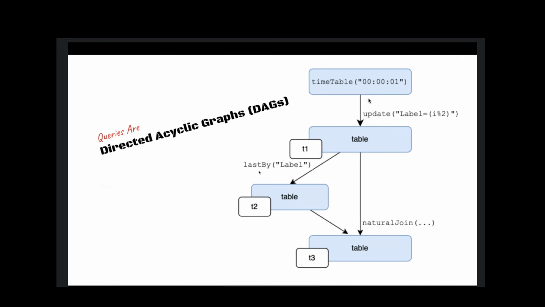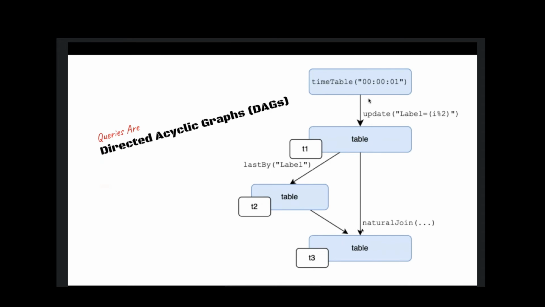Then let's say you use last by to get the row with the last label column. That will create a new table T2. Then if you want, you can join tables T1 and T2 to create table T3. And this is the directed acyclic graph which the query represents.